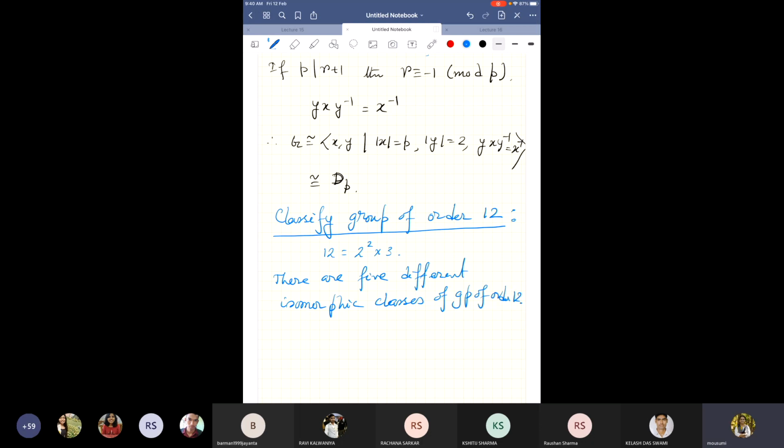Order 12. See, 12 is not a very big number. It is a small number only, but still you can find 5 different groups of order 12. There can be 5 different structures possible in just a group of order 12.